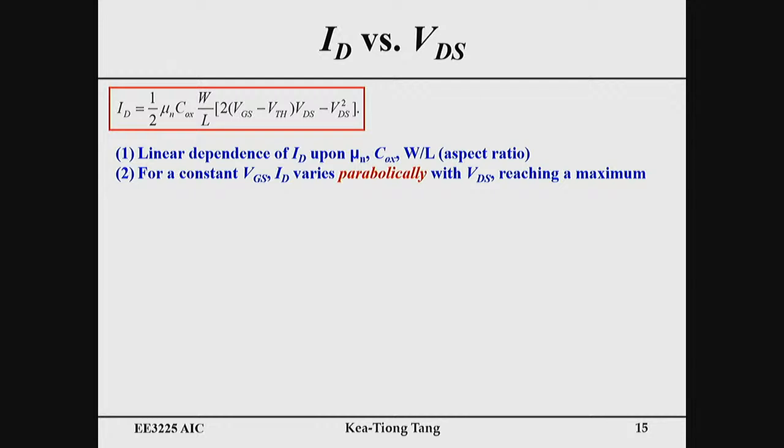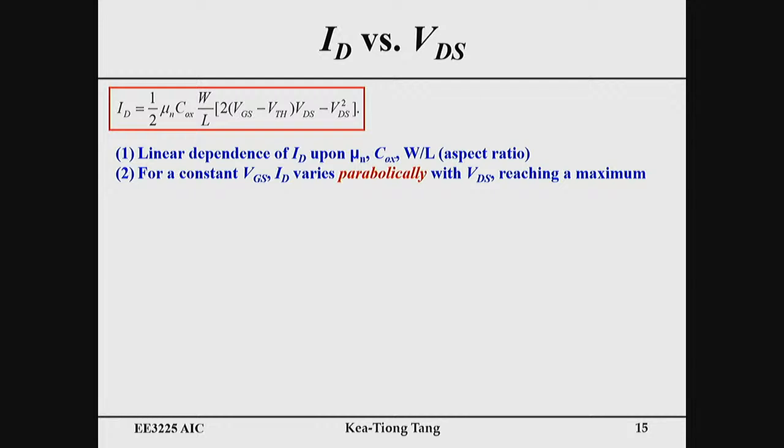And because W over L is what we can control, we give it a name called aspect ratio. This is what the designer can have control. We can decide how wide the transistor is. We can decide how long the transistor is. Okay? So these are the two parameters that we can have some control.